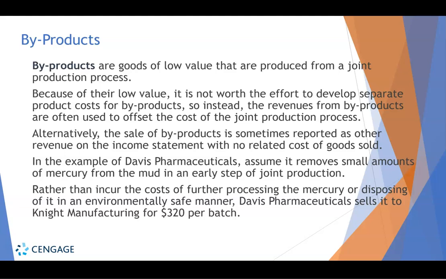So when dealing with byproducts, because of their low value, it's not really worth separating all these product costs. So the revenues just get offset. They offset the costs of the joint production process.